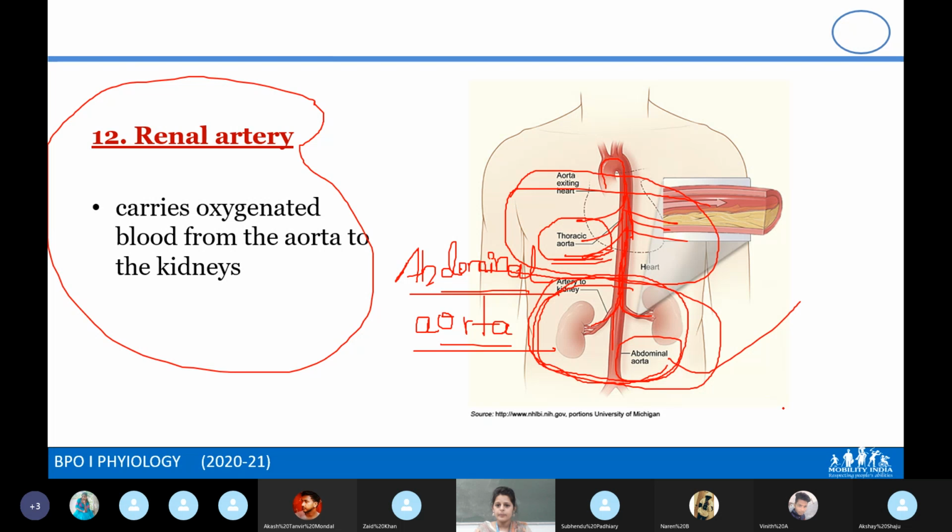That is called an artery. The branch from the abdominal aorta that supplies the kidney is called the renal artery. It carries oxygenated blood from the aorta to the kidney. So the abdominal aorta branches and supplies the kidneys through the renal arteries.